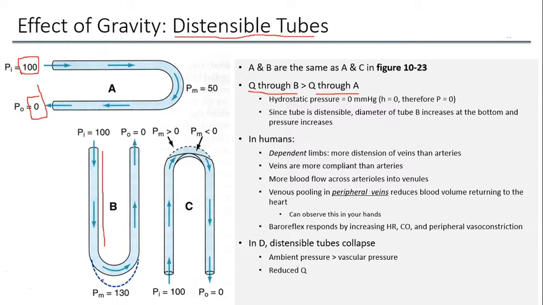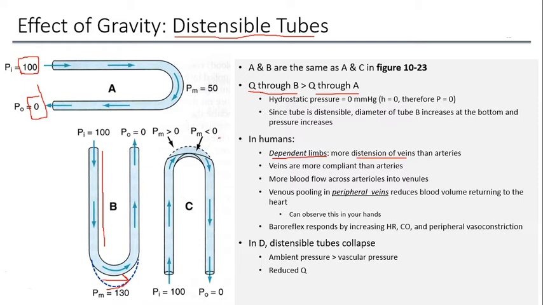So there's going to be more blood with a greater radius that flows through from this side to this side. The problem that we're going to have is that the limbs have more of a distension in the veins than the arteries, right?